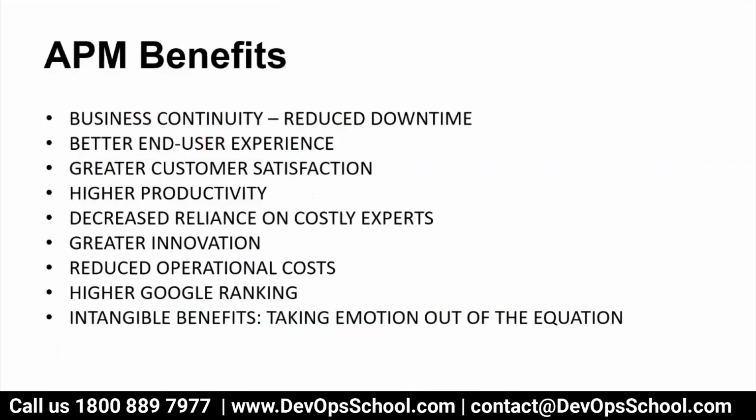So there are certain benefits, as we know, in bullet points. If you implement APM: business continuity, reduced downtime, better UX, greater customer satisfaction, higher productivity, decreased reliance on costly experts, greater innovation, reduced operational cost, higher Google ranking, and intangible benefits.